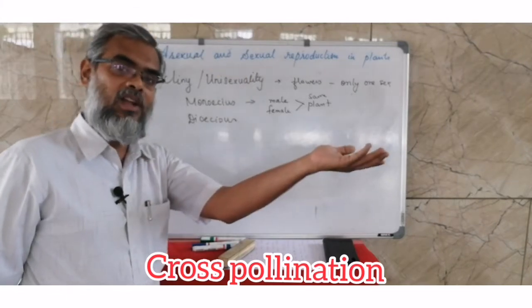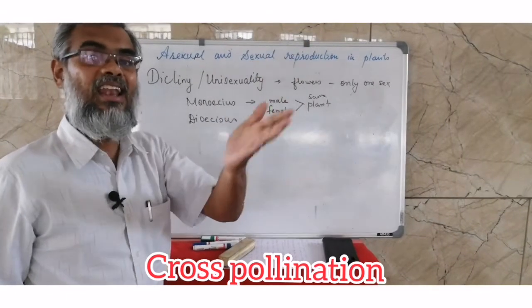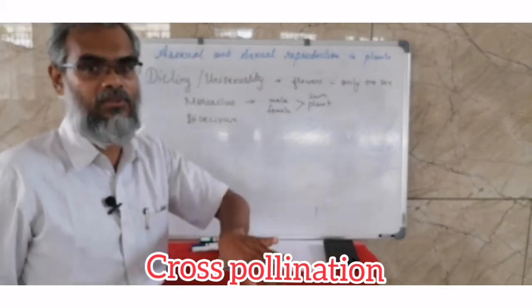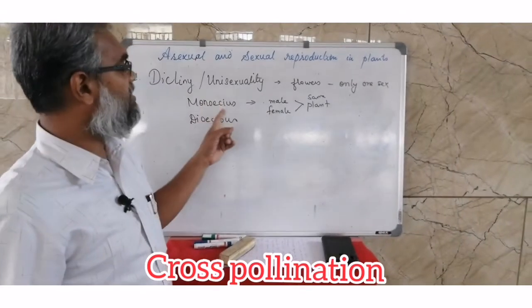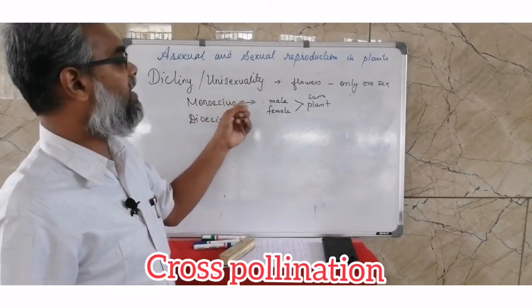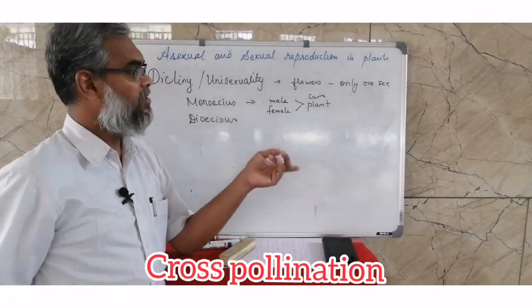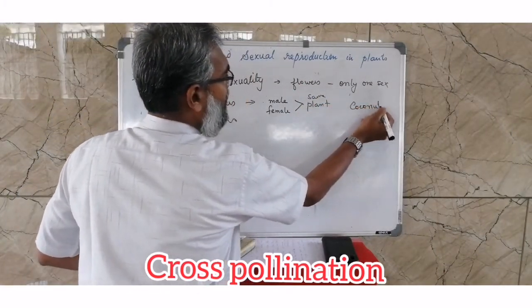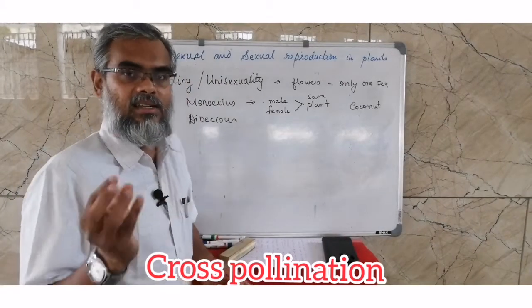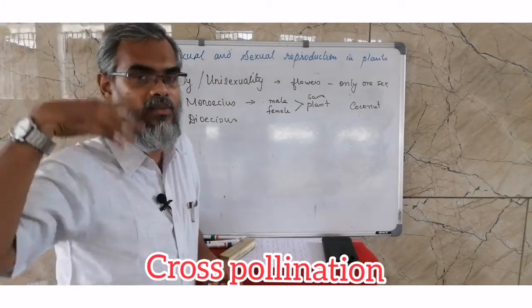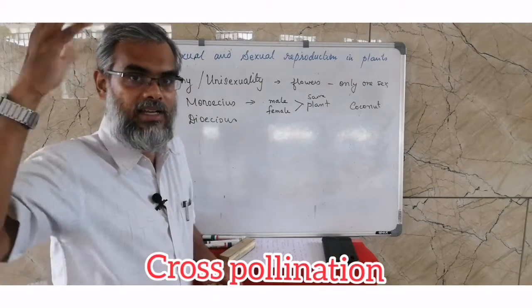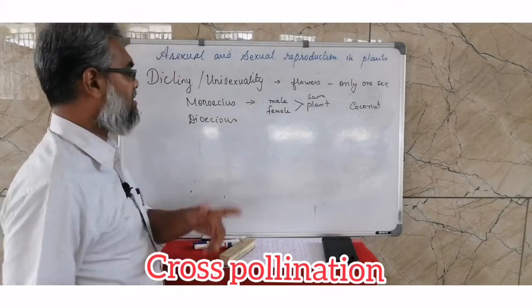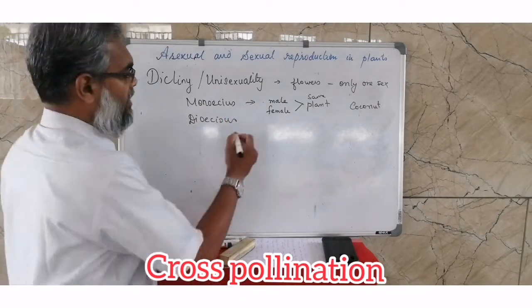So the pollen grains from the male flower will land on the stigma of the female flower. So that is monoecious plants. This dicliny type is occurring there. Example, we know it is coconut, castor. In castor, you can see male flowers and female flowers individually, but in the same plant. That is monoecious.